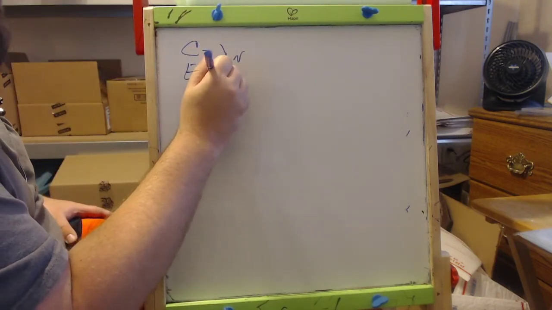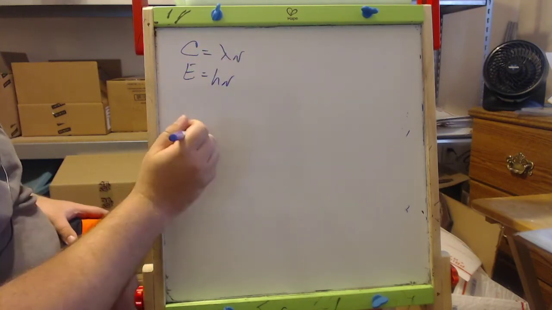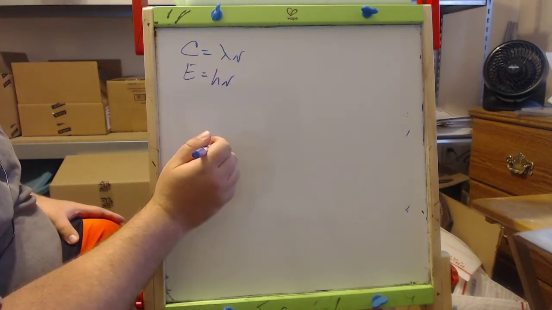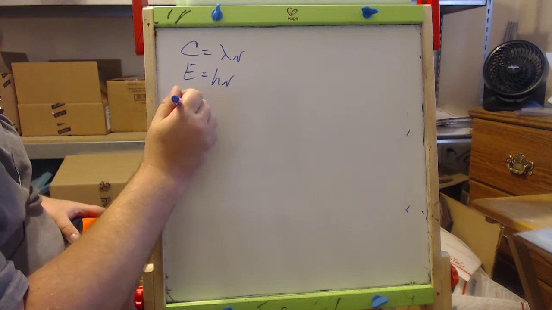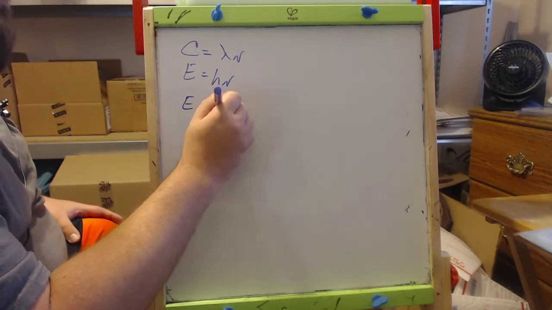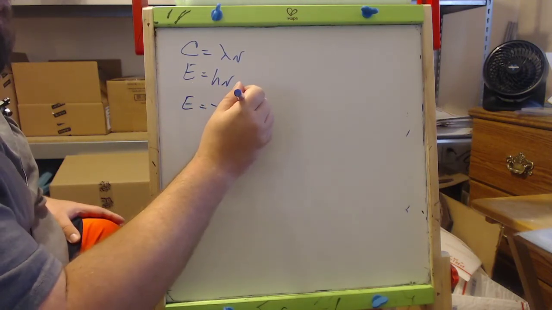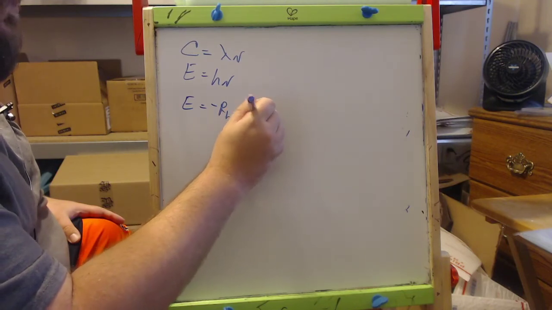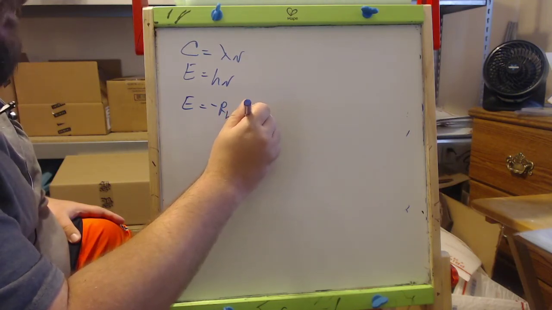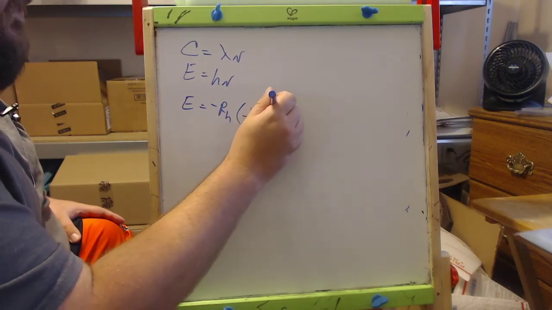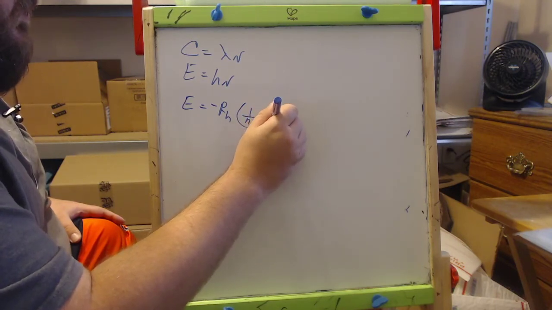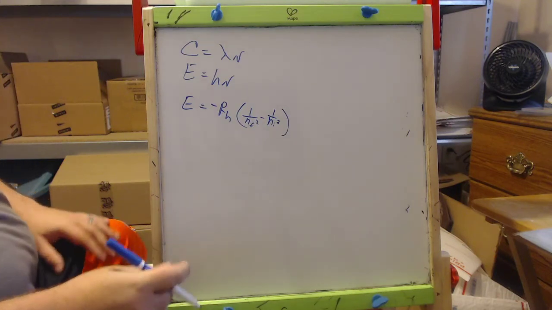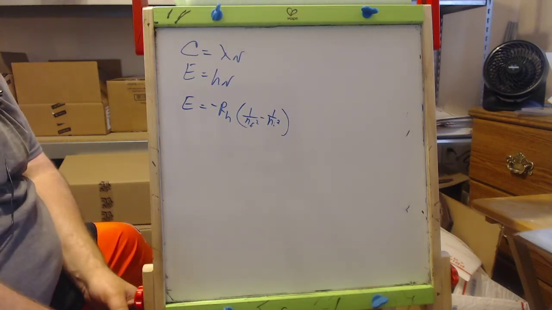Energy equals Planck's constant times nu. Energy equals the negative Rydberg value times 1 over n final squared minus 1 over n initial squared, like that.